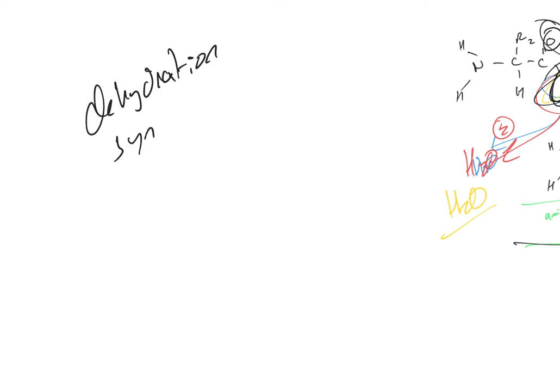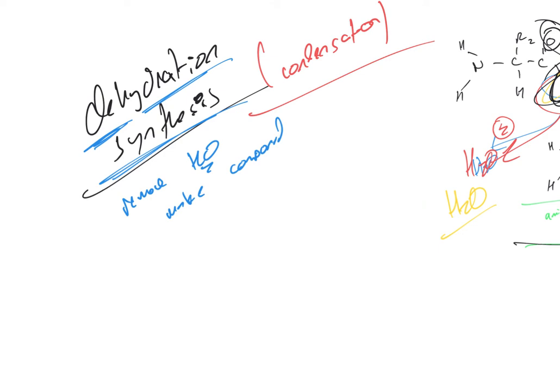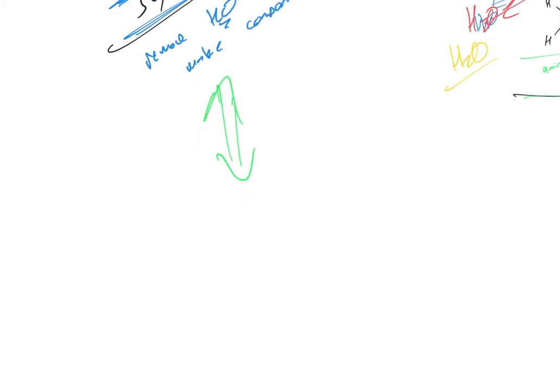Dehydration synthesis. What's happening is in the word. Dehydration synthesis. Remove H2O and make compound. Okay? This is also called condensation. Now, the reverse of this is known as hydrolysis.